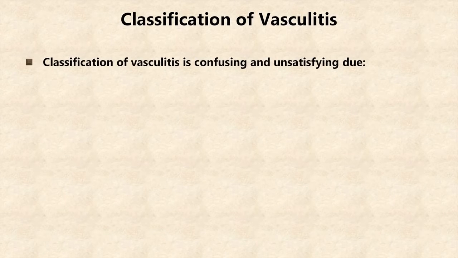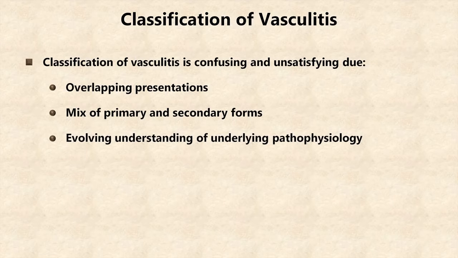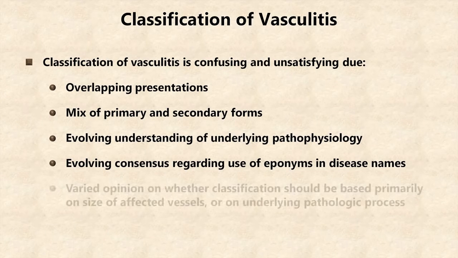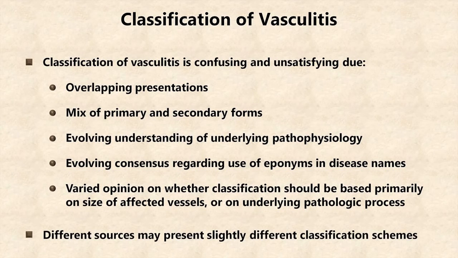Unfortunately, the classification of vasculitis is confusing and unsatisfying due to many reasons, including overlapping presentations, a mix of primary and secondary forms of vasculitis, evolving understanding of the underlying pathophysiologies, an evolving consensus regarding use of eponyms in disease names, and varied opinion on whether classification should be based primarily on the size of the affected vessels or on the underlying pathologic process. As a consequence, different sources may present slightly different classification schemes.